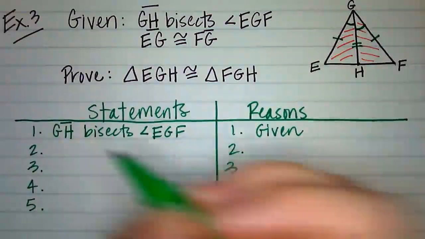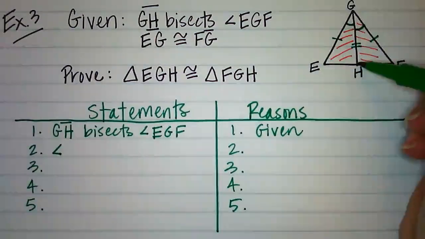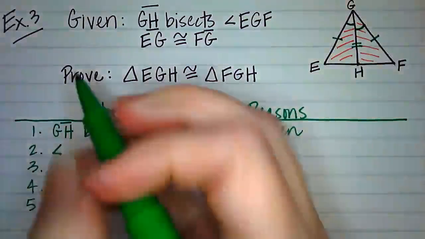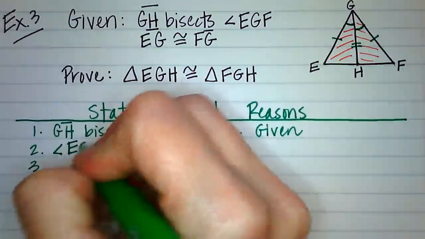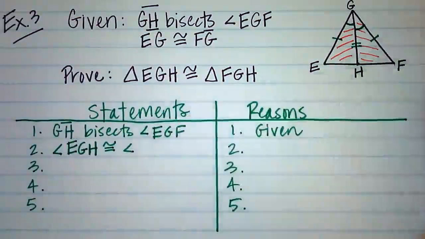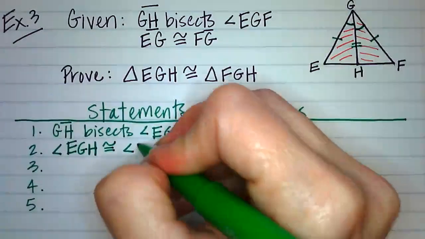So now we're going to say angle EGH. EGH is this one right here. So angle EGH is congruent to angle FGH, this one on this side.